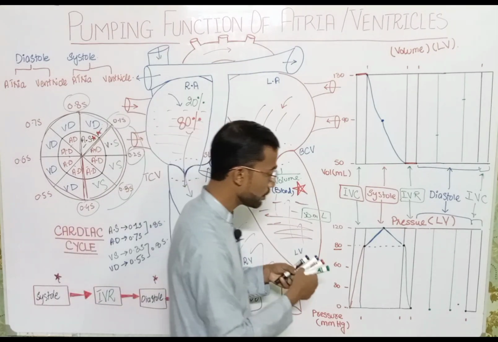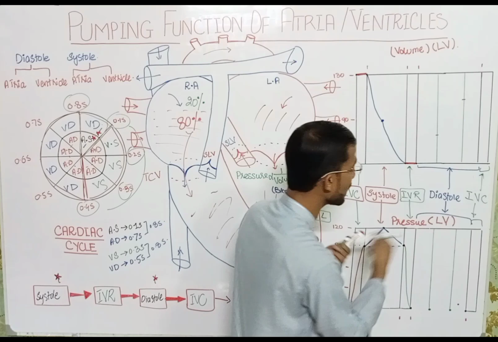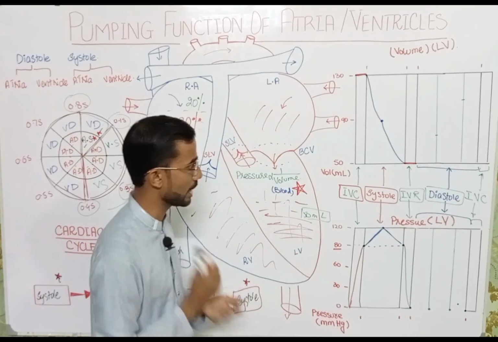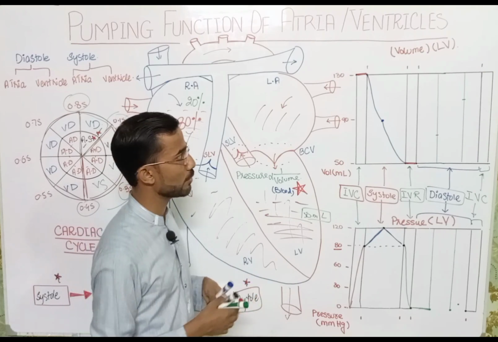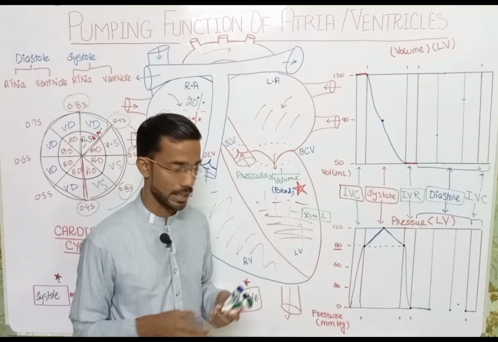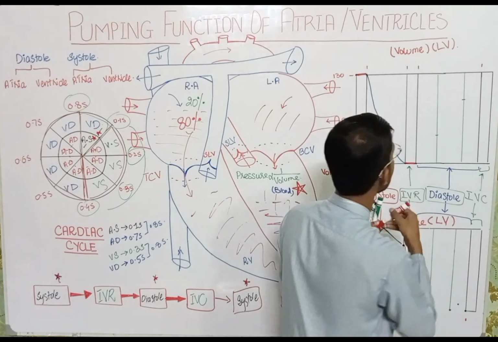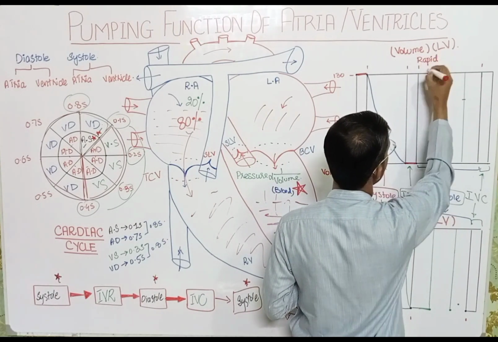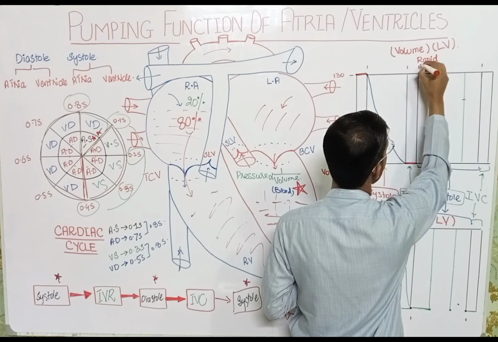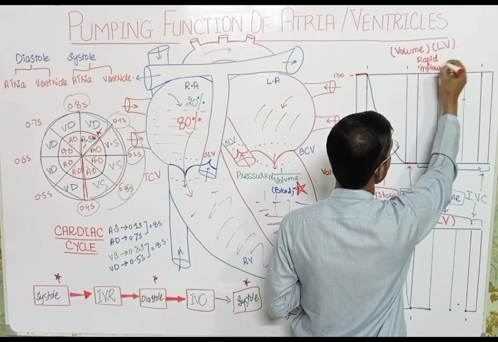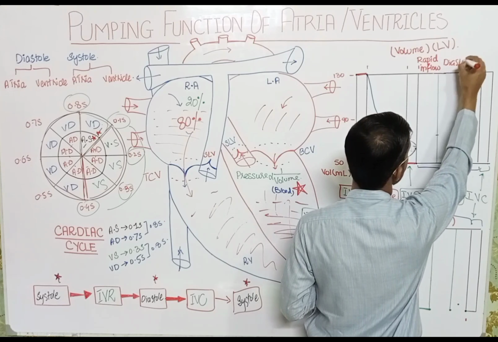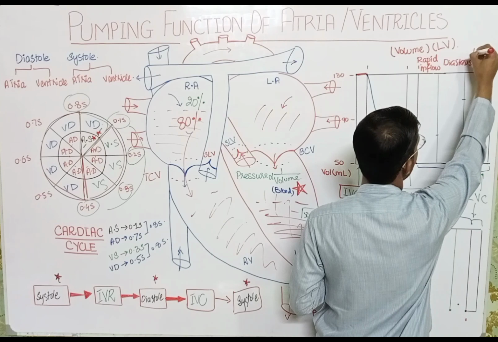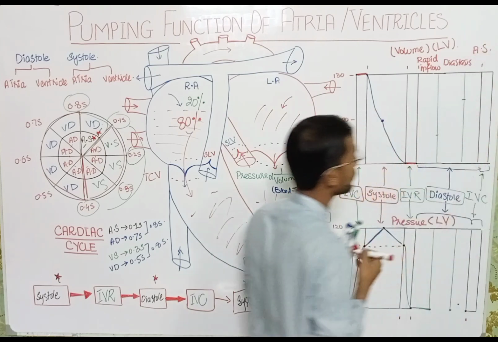Now the next state is the diastolic state. Before we discuss the diastolic state, we divide it into 3 phases. The first one is the rapid inflow, the second is the diastasis, and the third is the atrial systole.